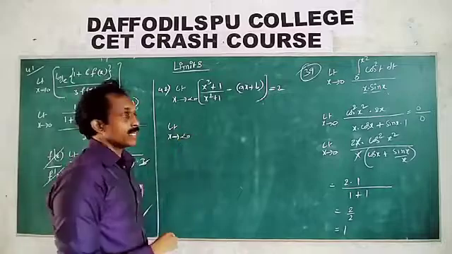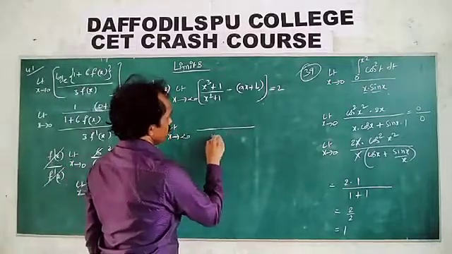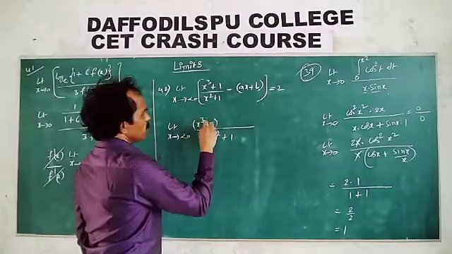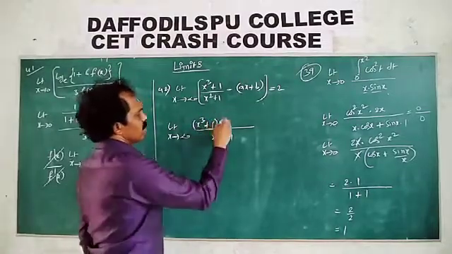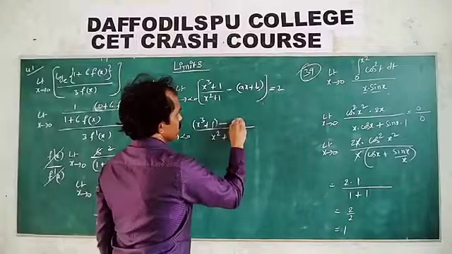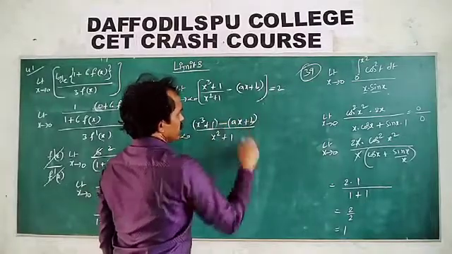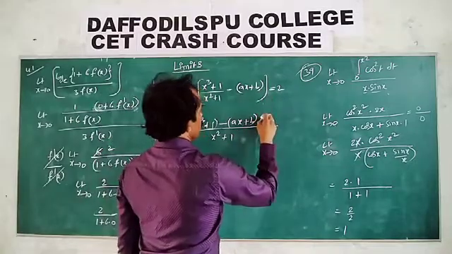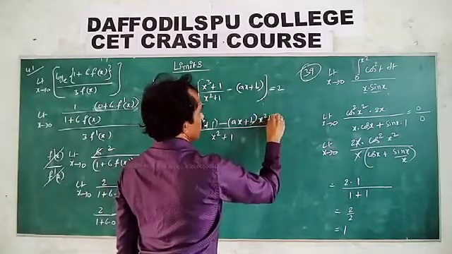Limit x tends to infinity. Take the LCM. What is the LCM? x square plus 1. (x cube plus 1) minus (ax plus b) times (x square plus 1).